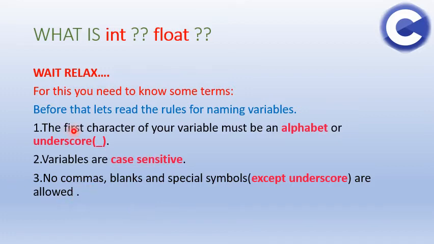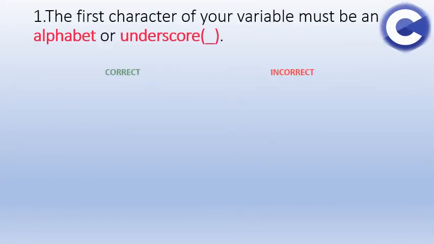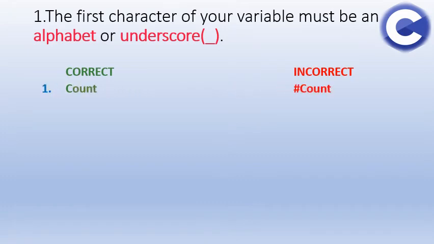Now, you'll learn with examples about these rules, how they are very important, and it will give a better understanding of your variable. So let's come to your first rule of your variable name, which says the first character of your variable must be an alphabet or underscore.